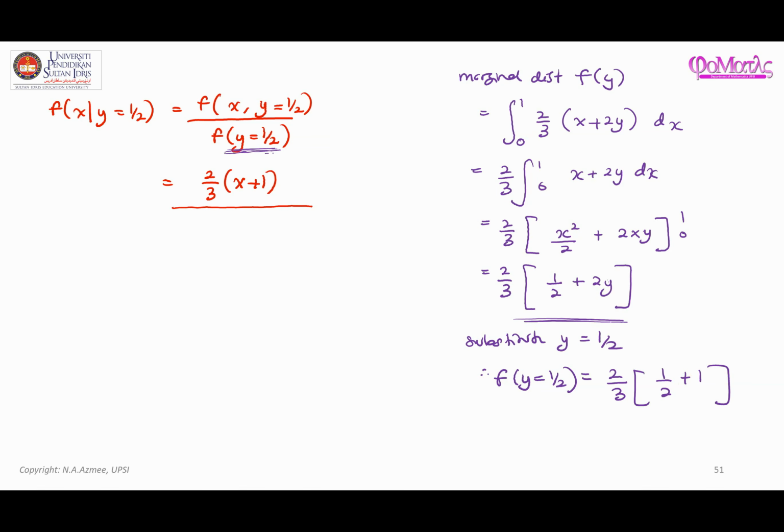So the result here is equal to 1, and we can just substitute that result right here. Therefore the final result of this conditional density is 2 over 3 x plus 1.